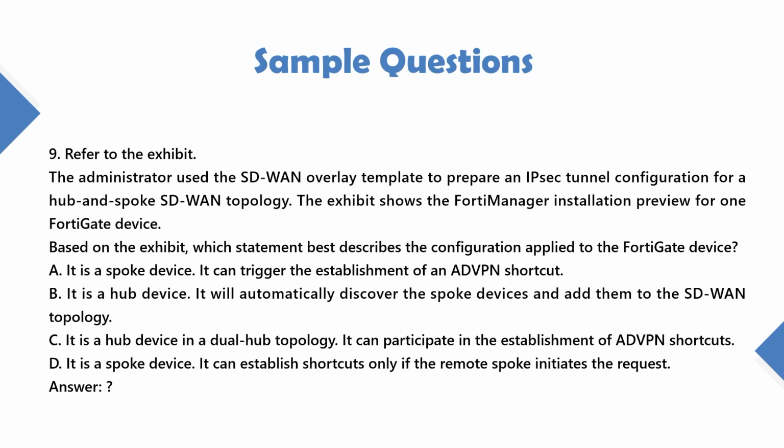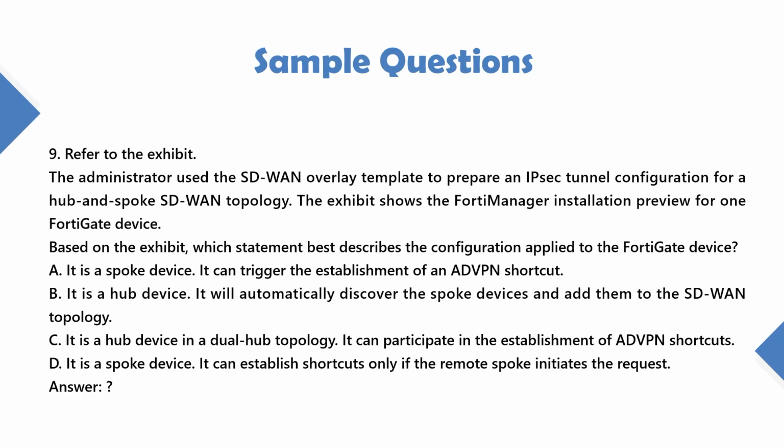9. Refer to the exhibit. The administrator used the SD-WAN overlay template to prepare an IPsec tunnel configuration for a hub-and-spoke SD-WAN topology. The exhibit shows the FortiManager installation preview for one FortiGate device. Based on the exhibit, which statement best describes the configuration applied to the FortiGate device? A. It is a spoke device.